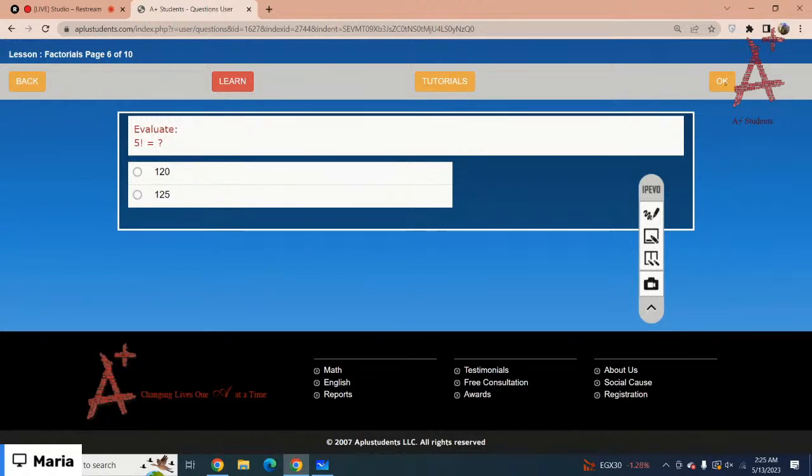Five factorial is 120. So the correct option is 120.